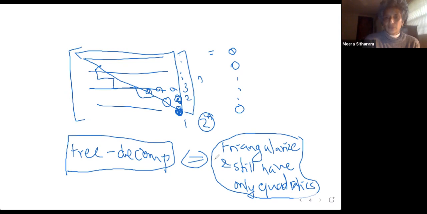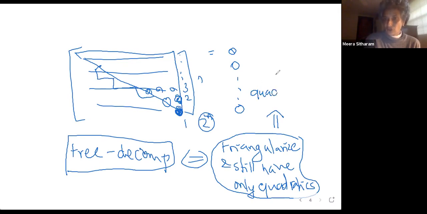Because you don't increase the degree, this is what is, in Galois theory, quadratically radical. The solutions are quadratic elements of quadratic extension fields built one on top of the other.